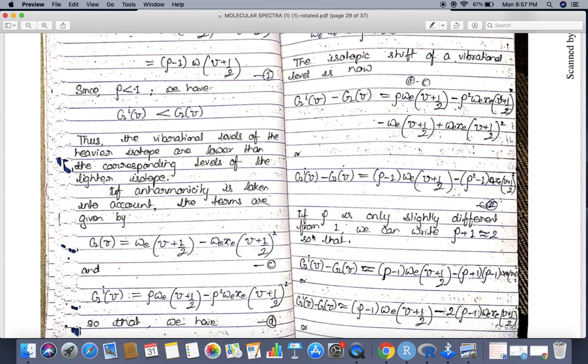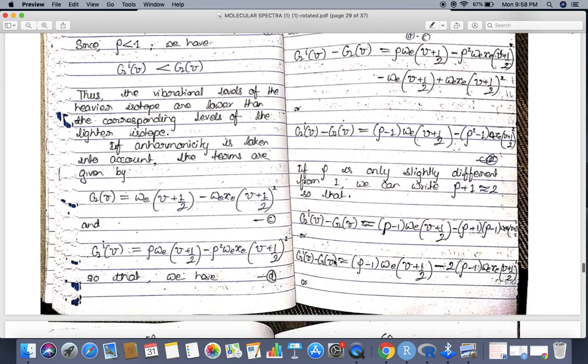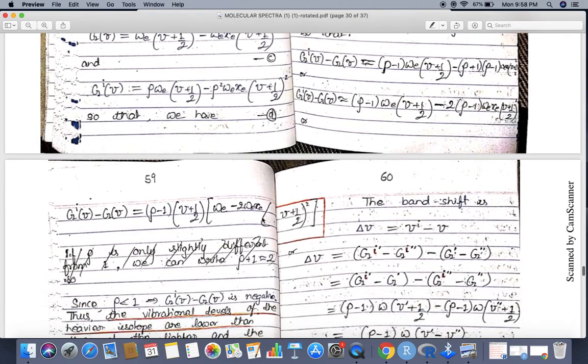So if ρ is only slightly different from 1, what we are assuming is that if ρ is very slightly different from 1, then we could put ρ + 1 approximately equal to 2, because ρ is approximately 1. Factoring ρ² − 1 = (ρ + 1)(ρ − 1) and taking the term ρ − 1 outside, because ρ + 1 is equal to 2, this is 2ω_e x_e(ν + 1/2)².